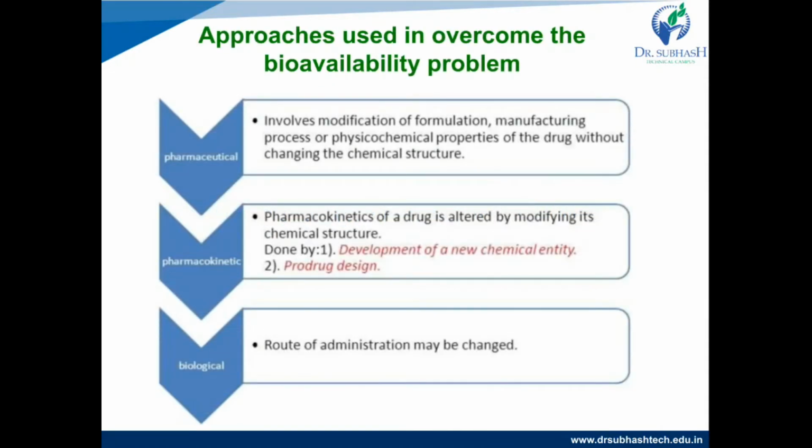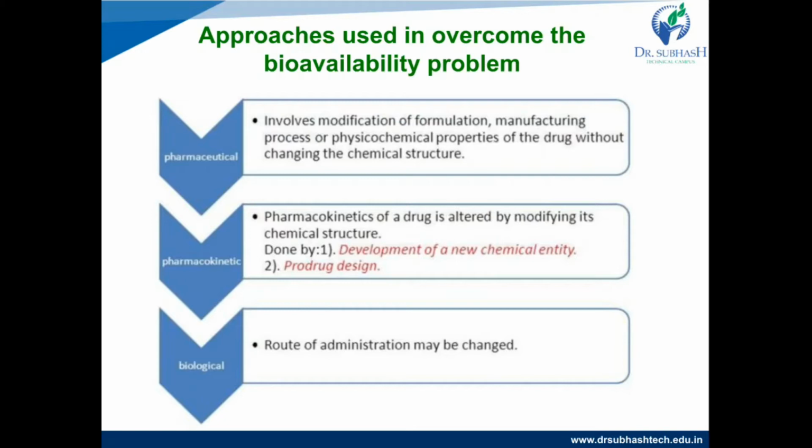Next, which approaches are used to overcome the bioavailability problem? There are three main approaches applied to counter bioavailability problems. The first is pharmaceutical, the second pharmacokinetic, and the third biological. The pharmaceutical approach involves modification of the formulation.